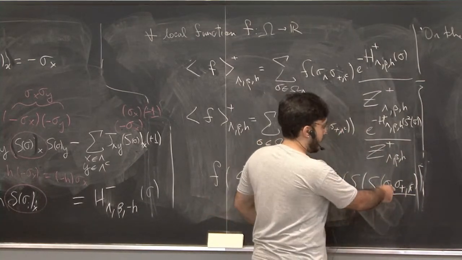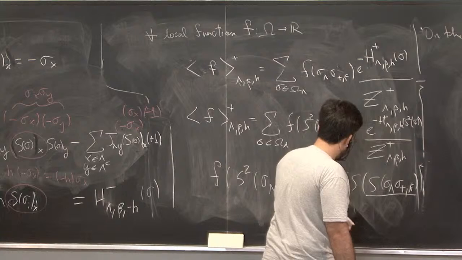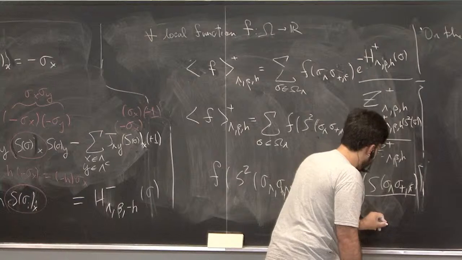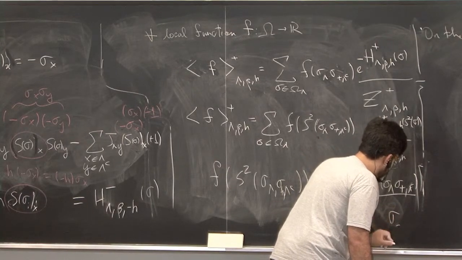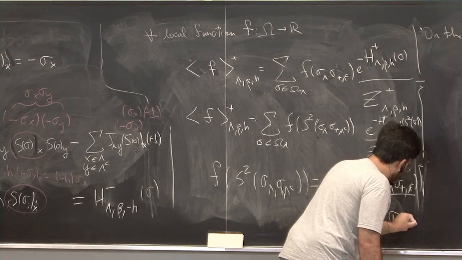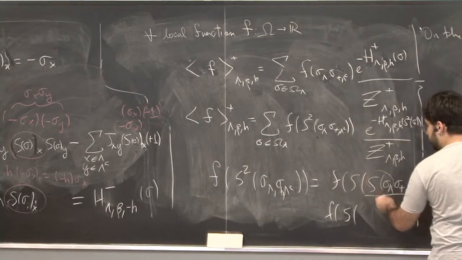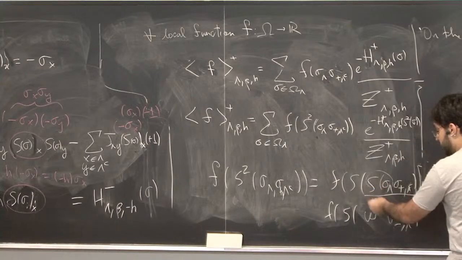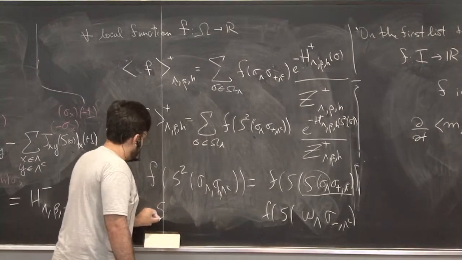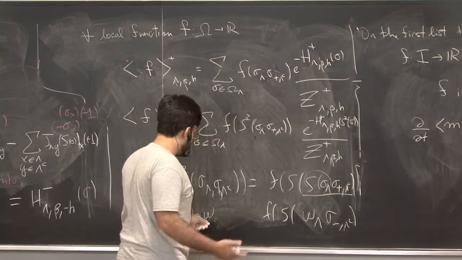First, everything that is plus will become minus. So this will give me S applied to something with the minus boundary condition outside. And then I call the flipped part of the flipped configuration part omega lambda.